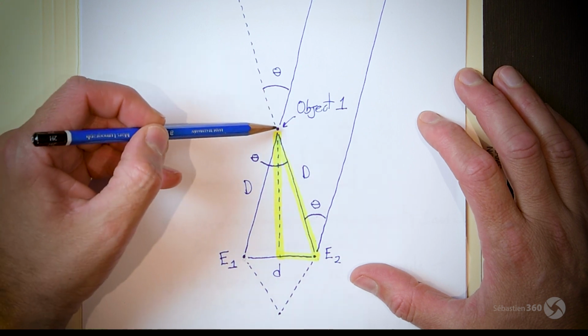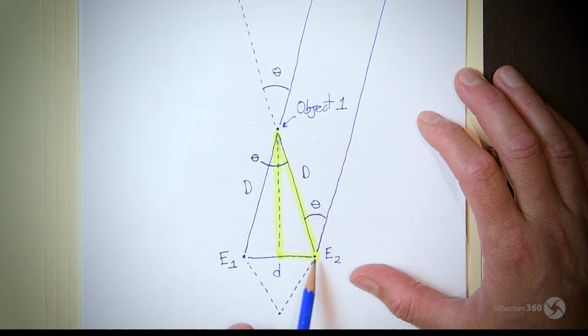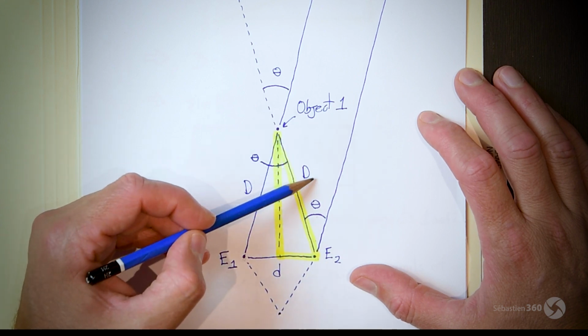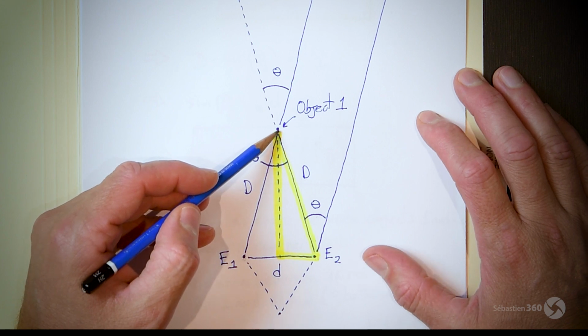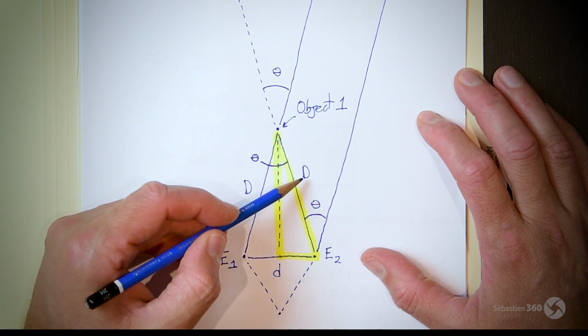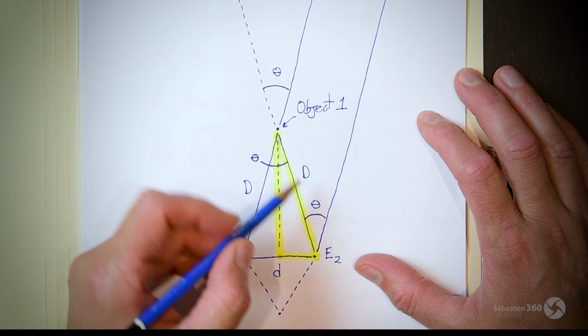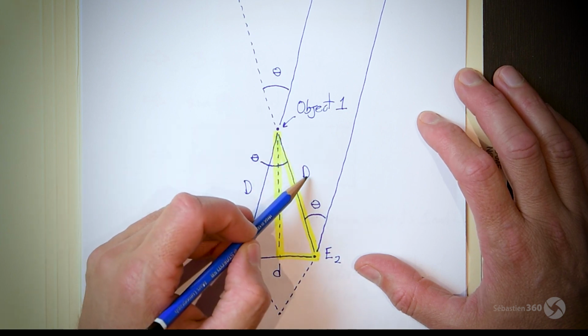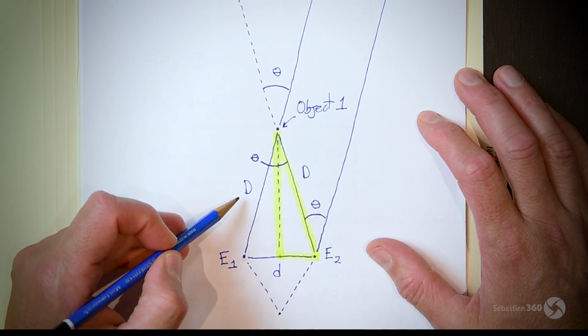And your object number 1 is right here, in the center compared to these 2 lenses. And I have measured the distance from my first subject to the lens as D, capital D. And because it's in the middle, it's capital D on the right side and capital D on the left side as well.